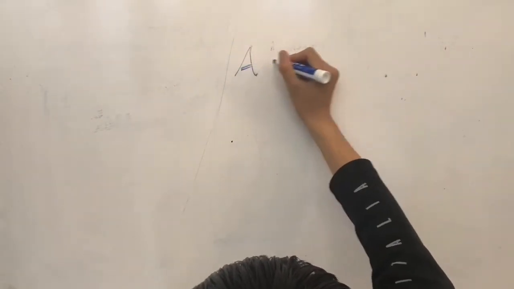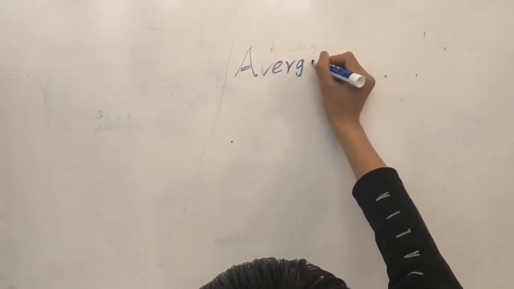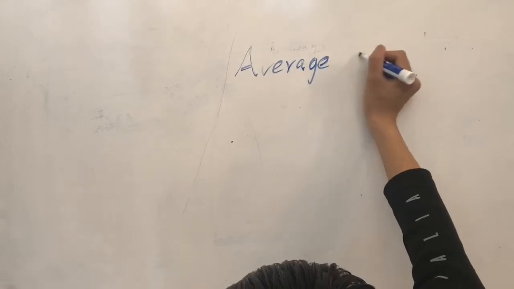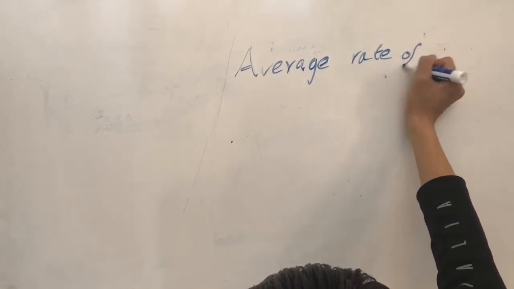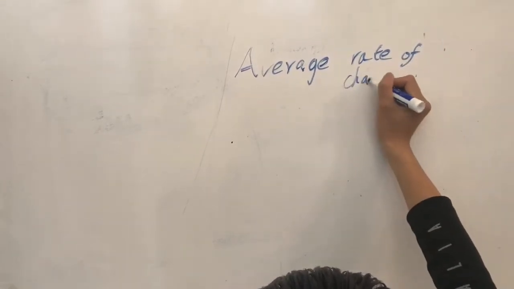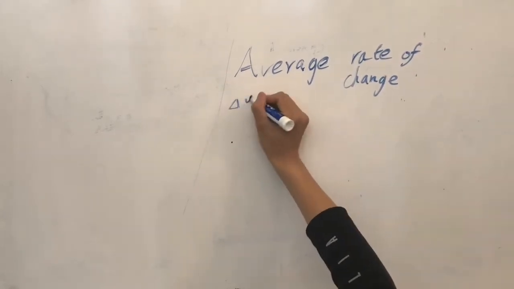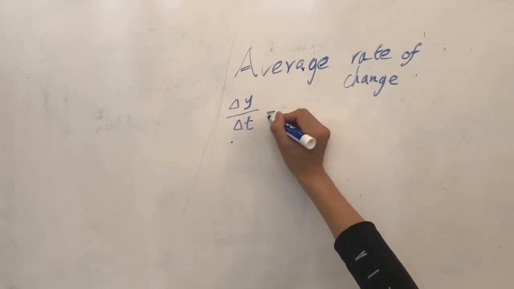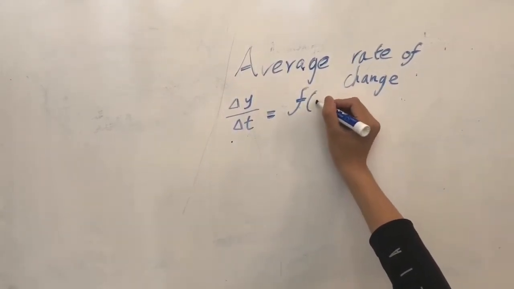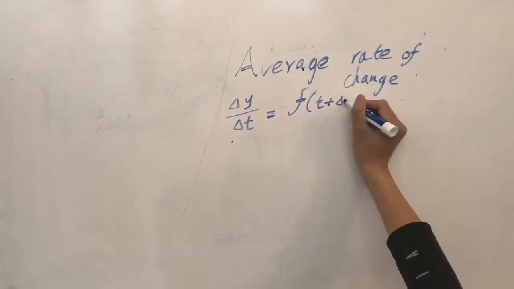Now, let's visit some of the places where we need to use the idea of limits. One of the things we need to get is the instantaneous rate of change, which is often just referred to as speed. We know that the average rate of change is calculated using an interval delta t of various size.